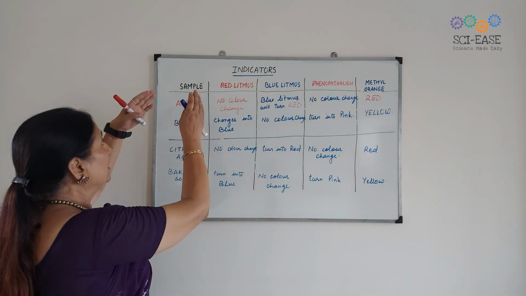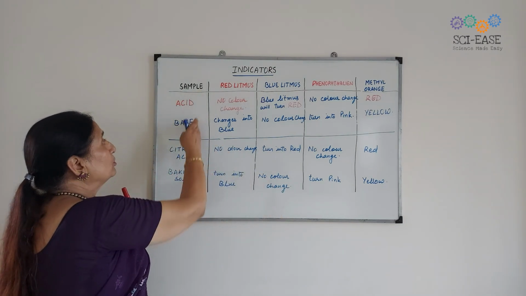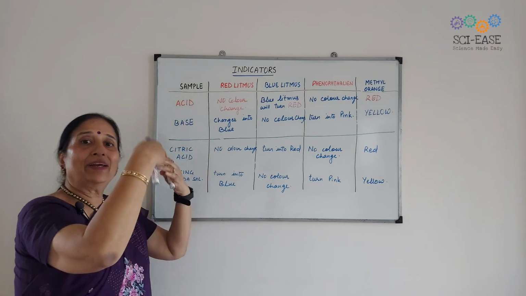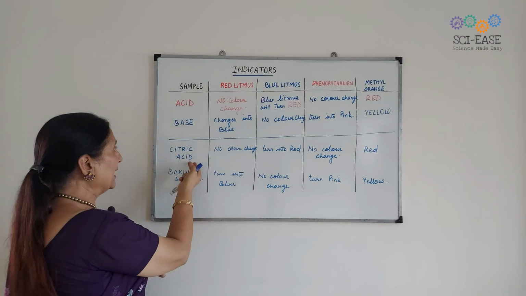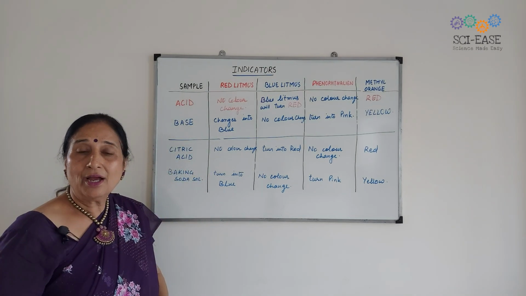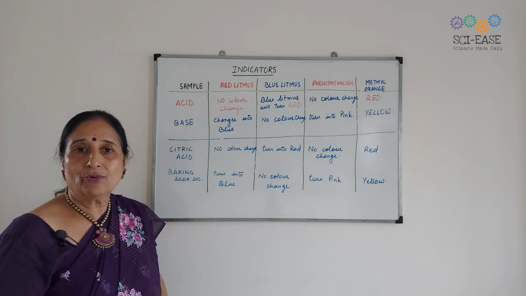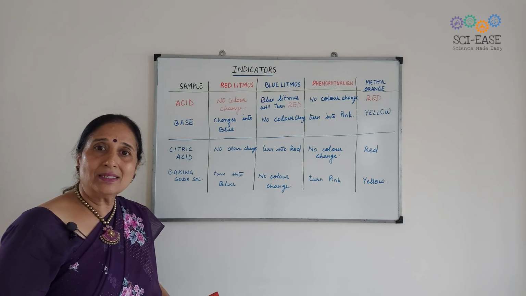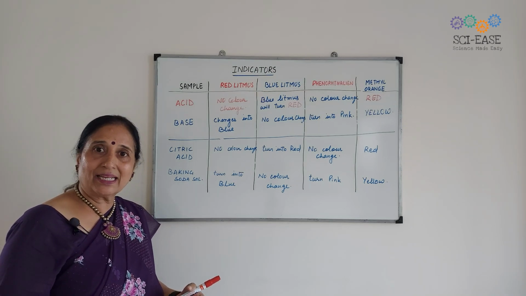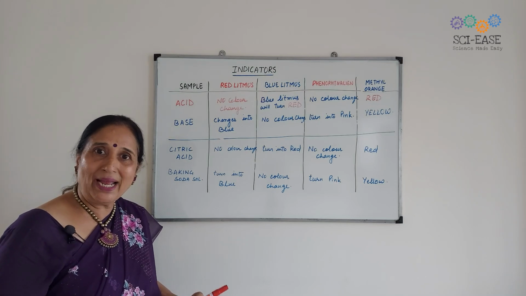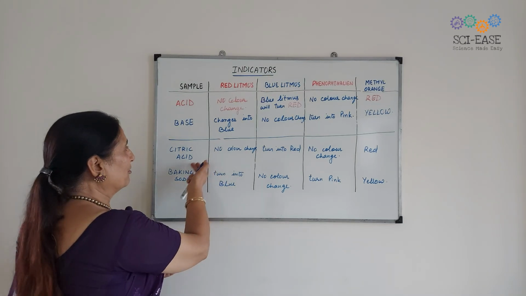First, I have taught you about the general change in the color when any acid. You can take vinegar instead of citric acid. You can take vinegar also. What is vinegar? It has acetic acid, CH3COOH. Okay. So what will be the result?